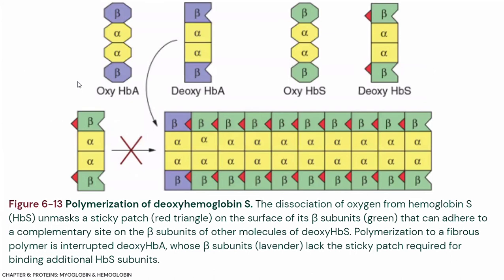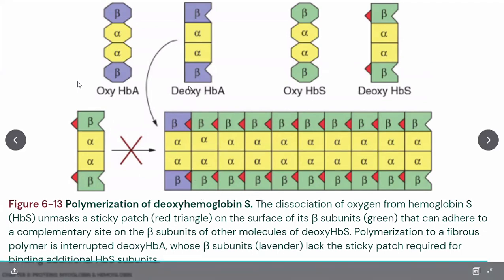Okay, this is sickle cell anemia, hemoglobin S. As you can see here, there's a complement. This is the complement. So when you stack this together like that, all hemoglobins are stuck to each other. And this occurs during the unloading of oxygen.